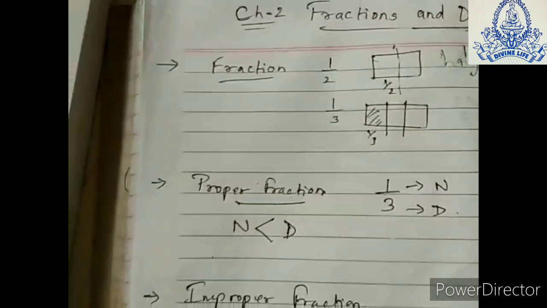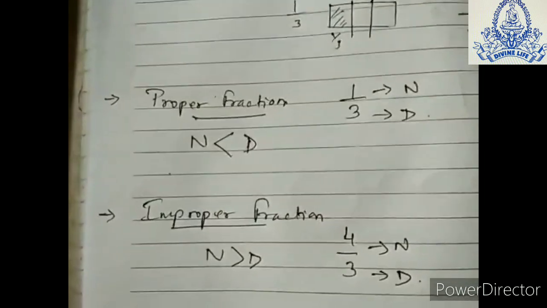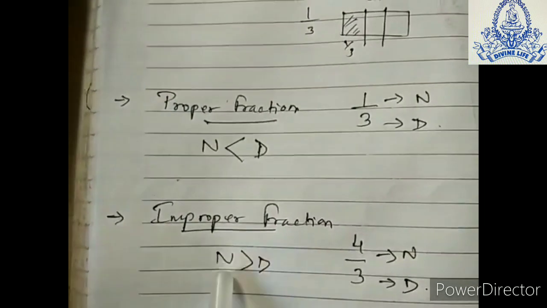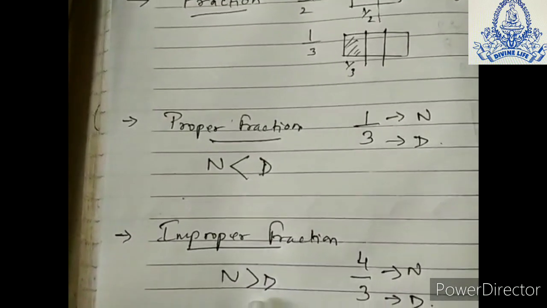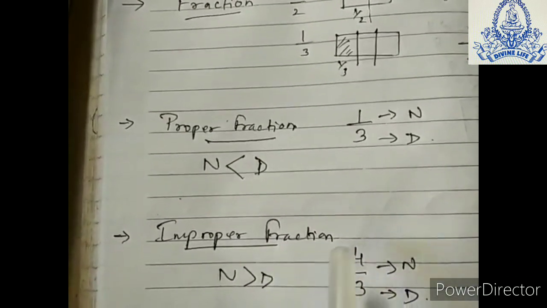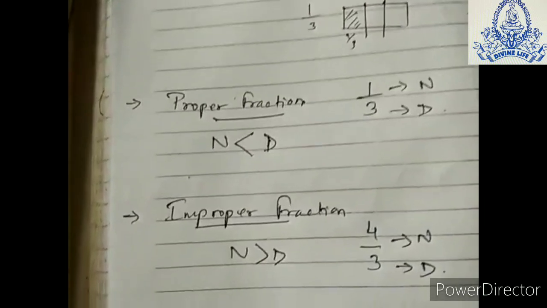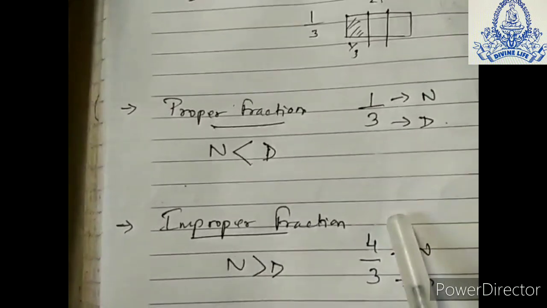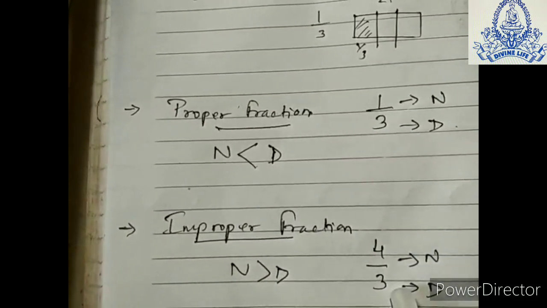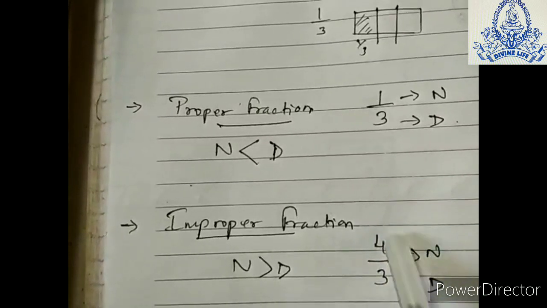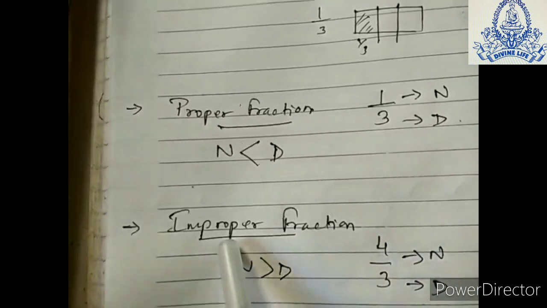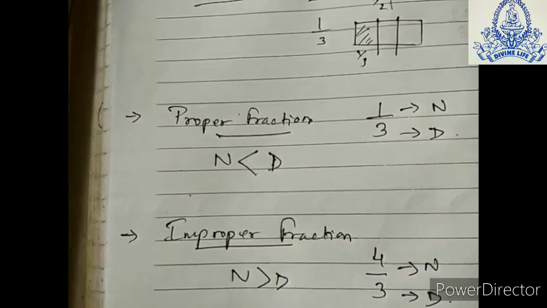Second is the improper fraction, where the numerator is greater than the denominator. Suppose 4 upon 3, where the numerator is the greater number and the denominator is smaller. This kind of fraction is known as an improper fraction.